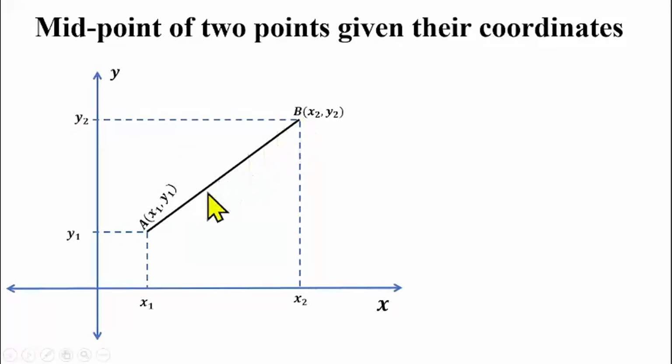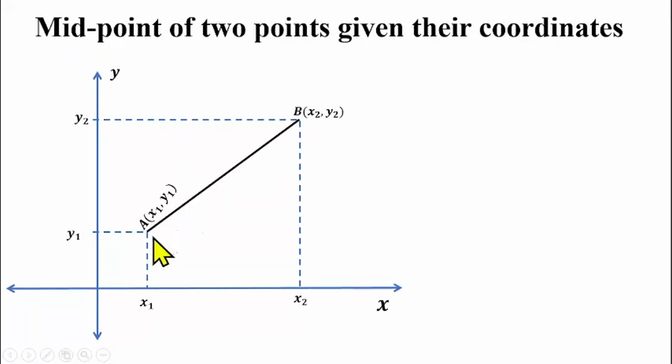And the line joining them together is this straight line, which we can use to find the distance between these 2 points, point A and point B, which is what we talked about in the previous slide.